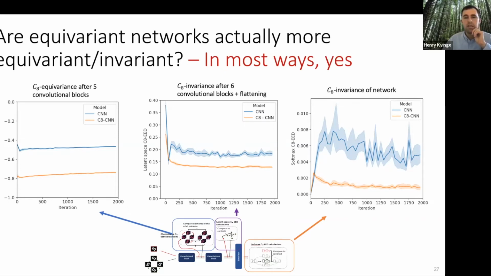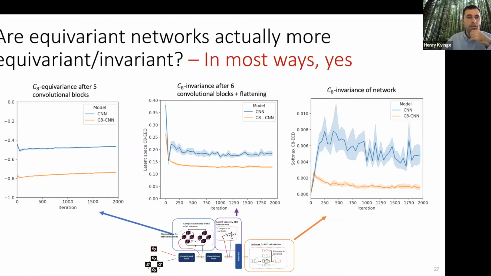And you can see that in all cases, where invariance is represented by smaller values, you get more invariance for these models than you do for a CNN that's just learned its invariance. The interesting thing, I think, is that neither model is actually learning any additional equivariance in its convolutional layers, which correspond to the left plot.